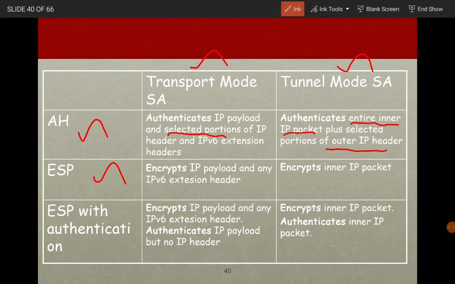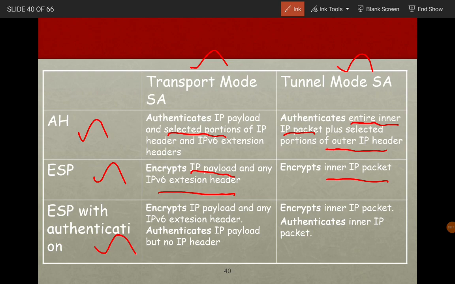Then we move on to ESP. ESP encrypts the IP payload, that is the IP data, and any IPv6 extension header in transport mode. Whereas in tunnel mode, it encrypts the inner IP packet. The third one is ESP with authentication.